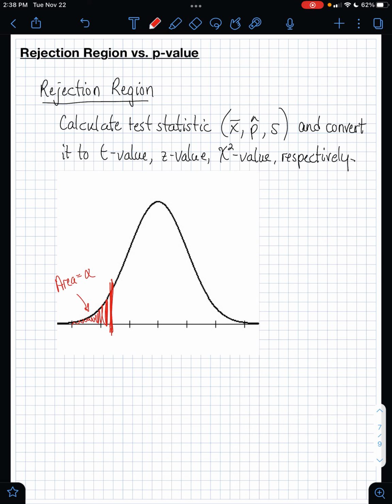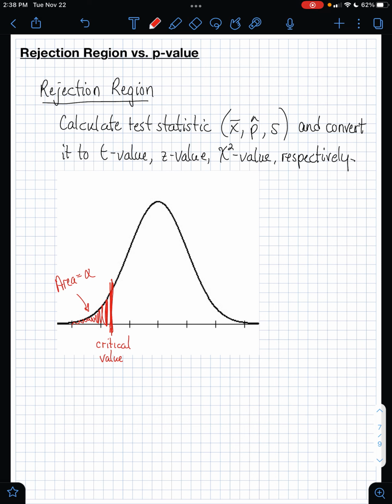I'm drawing a left tail test, but it's easily adapted for the right or the two-tail test. But the idea is we actually have to find this critical value, and that is done in the same way that we find the critical value for a confidence interval.